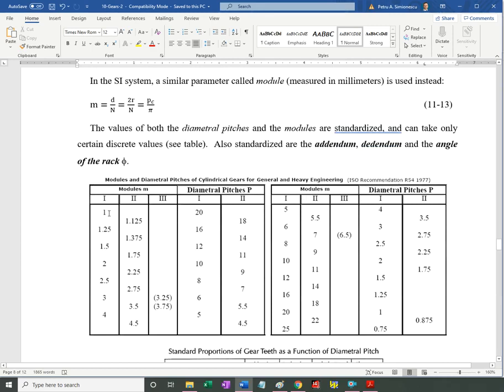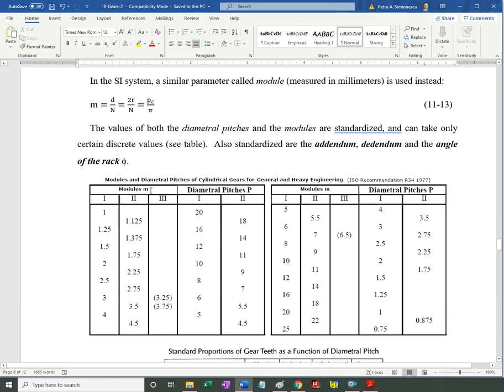So for module, I have, you can see here, 1 millimeter, 1.25, 1.5, 2, and so forth, with the preferred sizes and the secondly preferred sizes, not as ideal, and the column continues. In terms of proportions, you can draw this relationship.